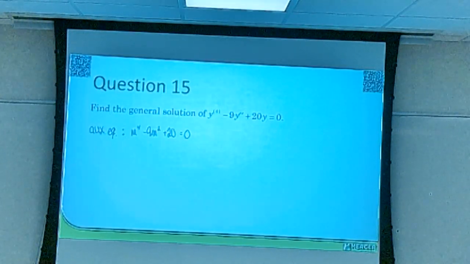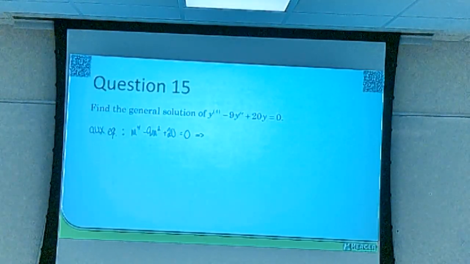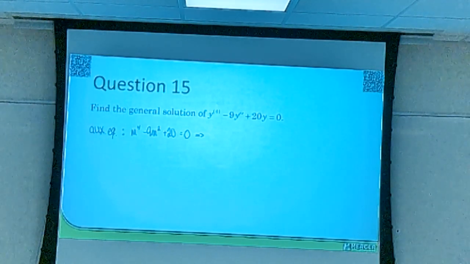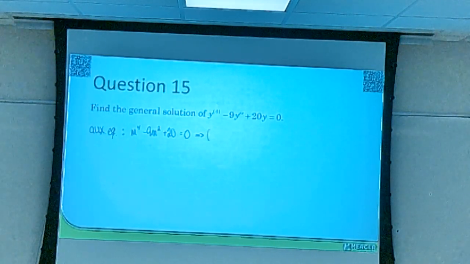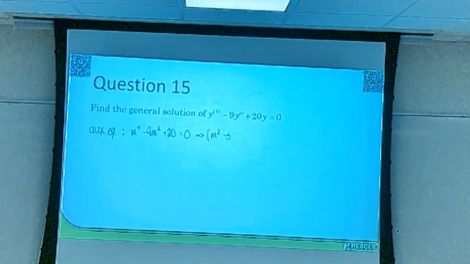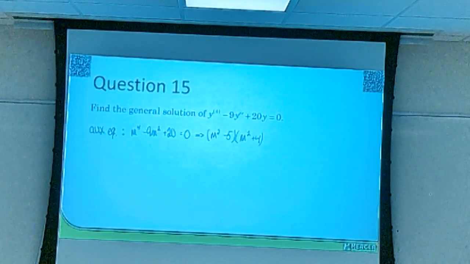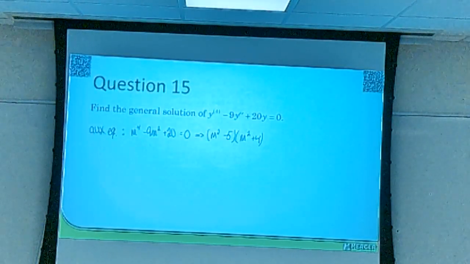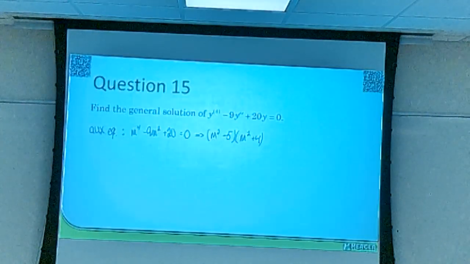Factors of 20 that when added give 9: 4 and 5. Your higher factor has to be negative. Which makes that really easy to solve.